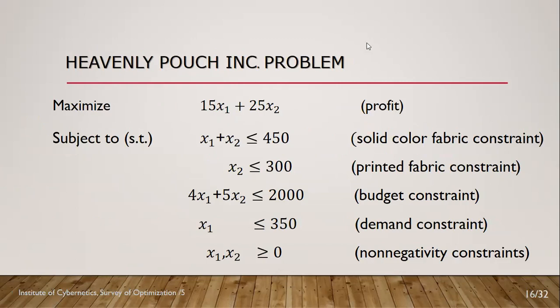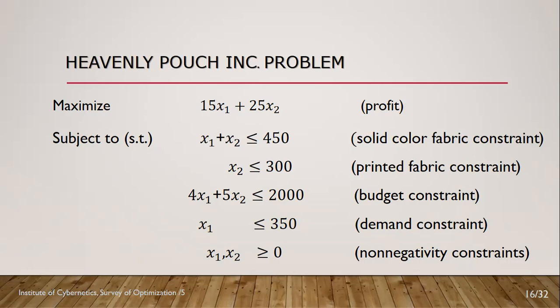There are two variables involved, x1 and x2, our decision variables. If there are two variables, we can plot the feasible region of such an LP, so we can find a graphical solution, because graphical solution is good for two-variable models. Our working example is the Heavenly Couch problem that we formulated before.